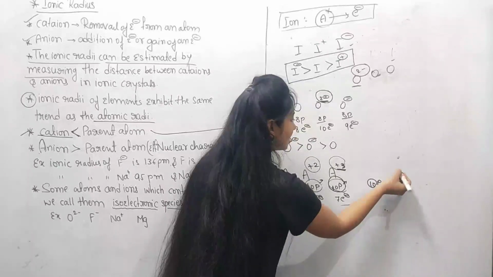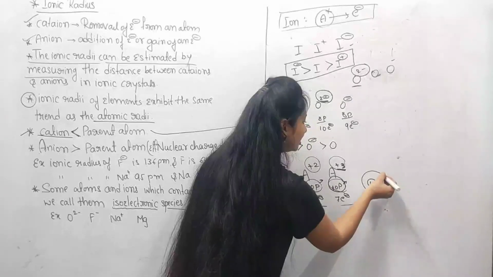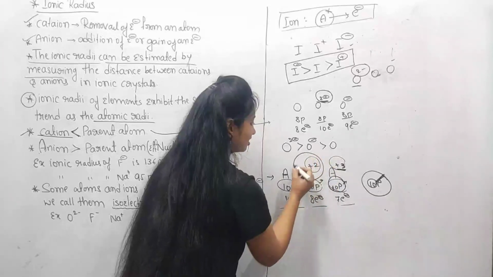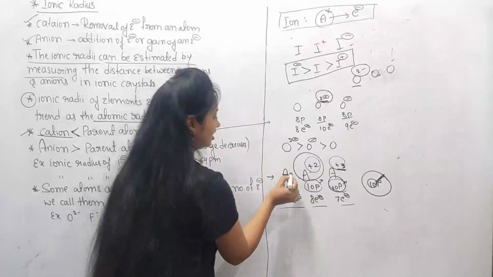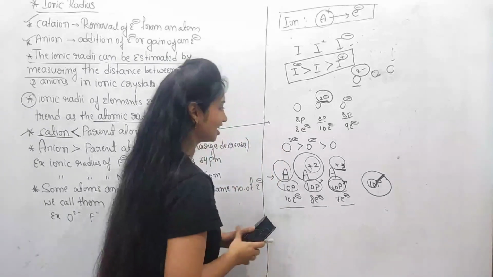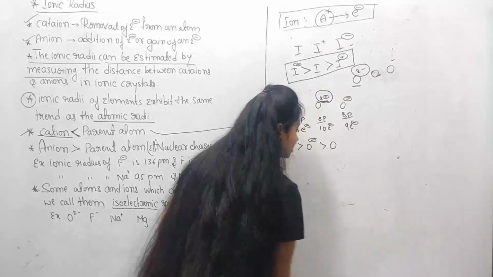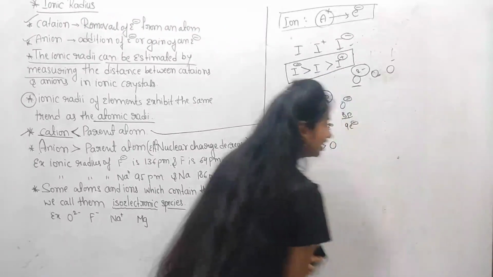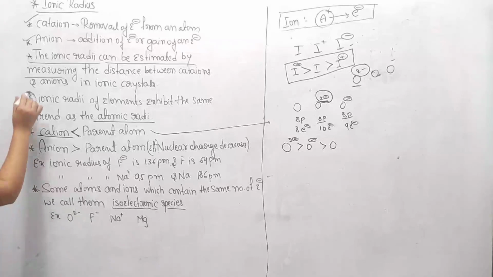The 10 protons attract the 7 electrons, then the radius will be smaller than this species, and this radius will be smaller than this species. This is a general example, guys, to know the concept very well. Just remember, as the positive charge increases, the ionic radii decreases. I hope you are clear about these 2 points.